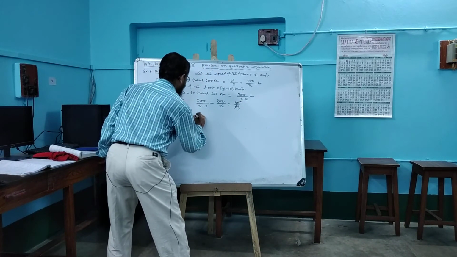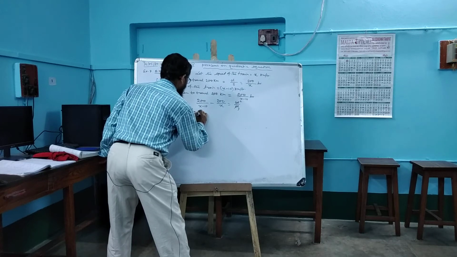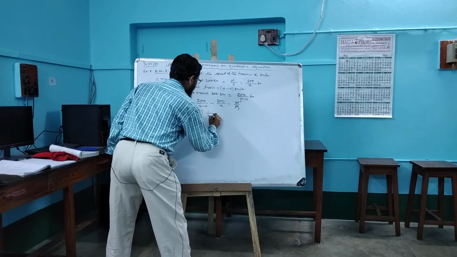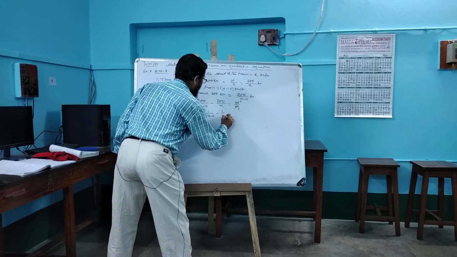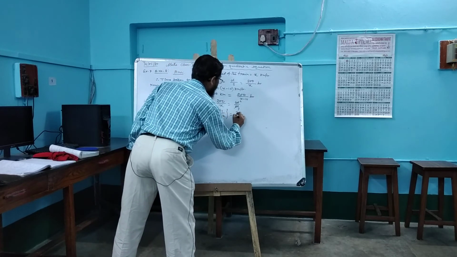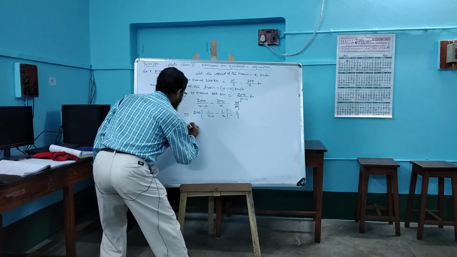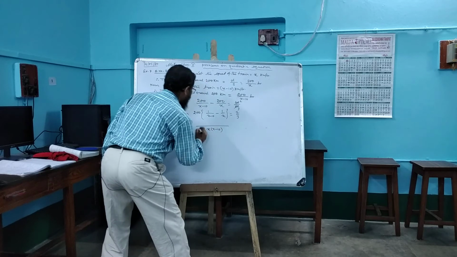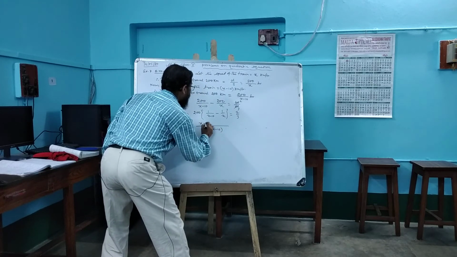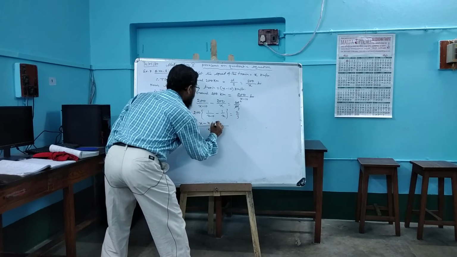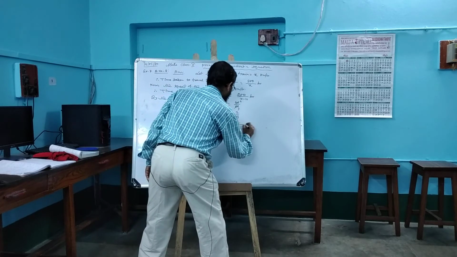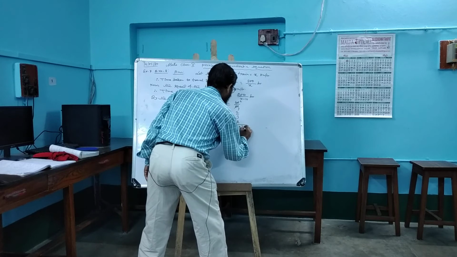This implies 200 into 1 by x minus 10 minus 1 by x equal to 2 by 3, implies x into x minus 10, x minus x plus 10 equal to 2 by 3 into 200.